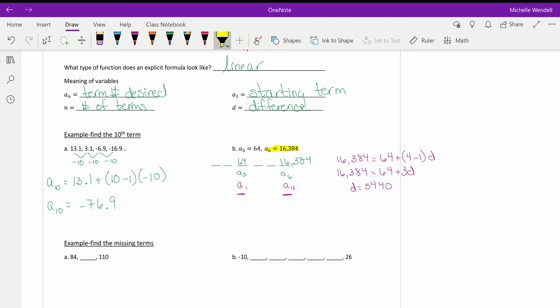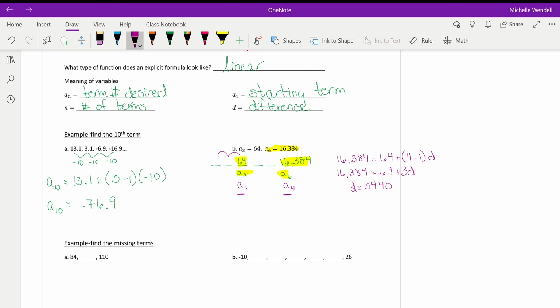So in this original where a3 is 64 and a6 is 16,384, I need to figure out what a sub 1 of that original sequence would be. Again, I could just subtract 5440 from each one. So I could start at this 64 and subtract 5440 and then subtract another 5440. If you do that, you get negative 10,816.